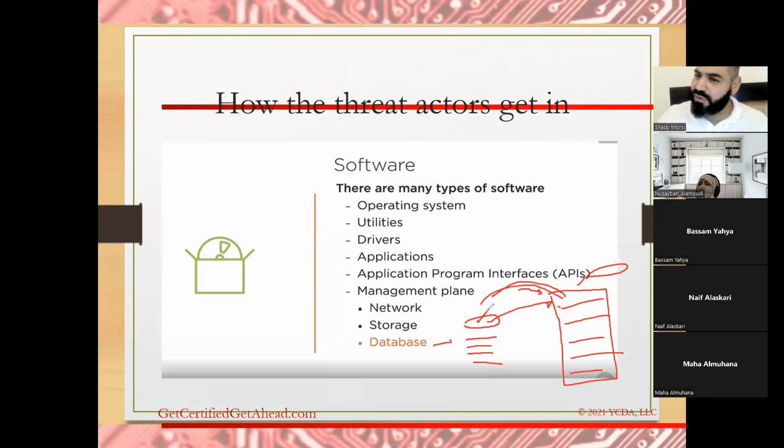This software itself is vulnerable as well. So you can imagine our hardware is vulnerable. I told you about the hardware vulnerability from the Meltdown attacks on Intel and AMD. Our applications are vulnerable, our operating systems are vulnerable, our network, storage, and databases are vulnerable. So imagine how many vulnerabilities exist in our organization.